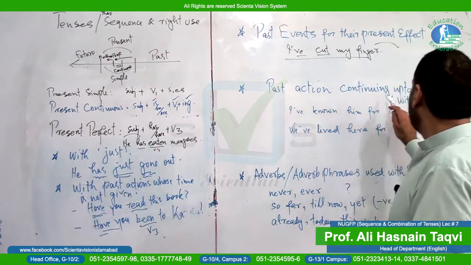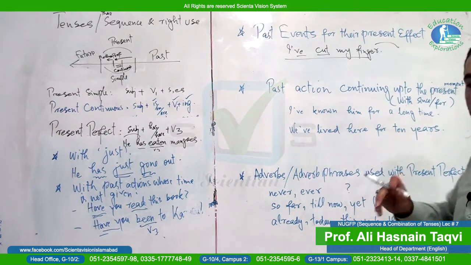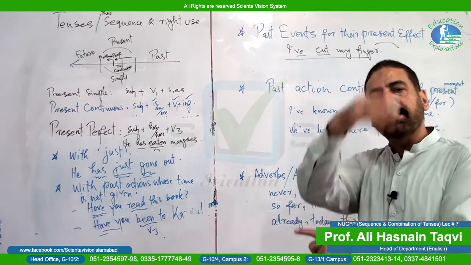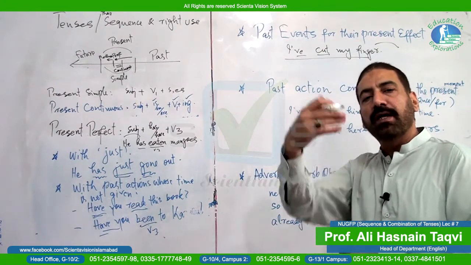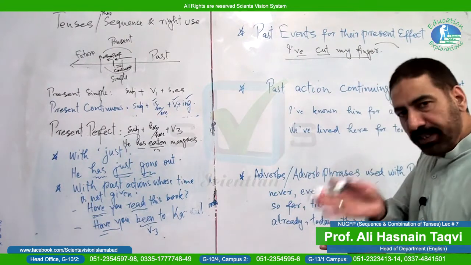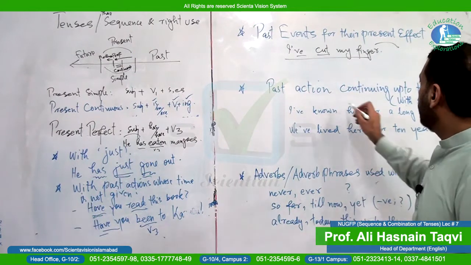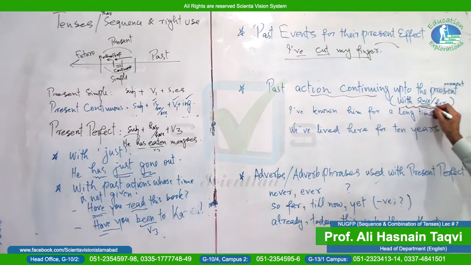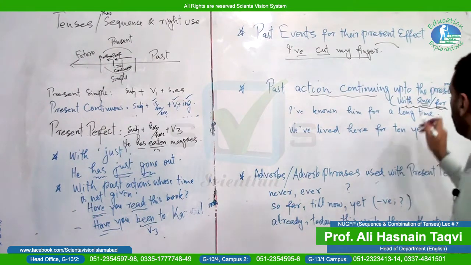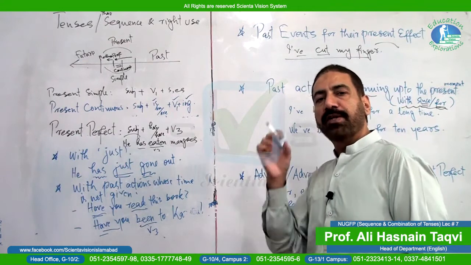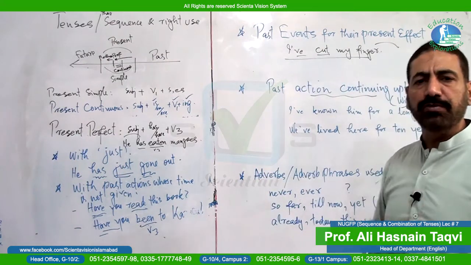Then, past action continuing up to the present. Present perfect continuous takes you into the future, like the action continues in time to come. But this is completed only recently, and there you can use this with obviously since or for. Time reference comes there. Most often with since and for we stick to using present perfect continuous, or for that matter any perfect continuous tense.